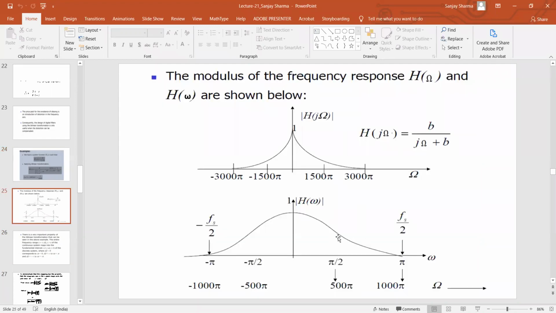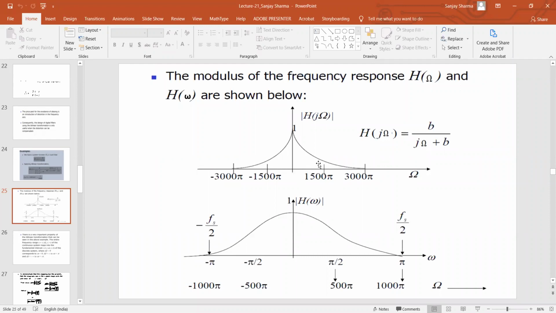Once you put these values, you will see that the analog frequency axis goes asymptotically towards plus infinity, and on the negative side it goes asymptotically towards minus infinity. That means this is the complete frequency axis.